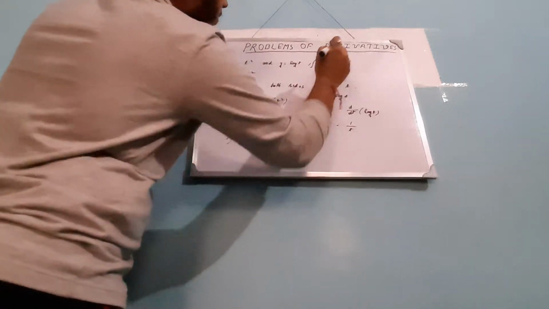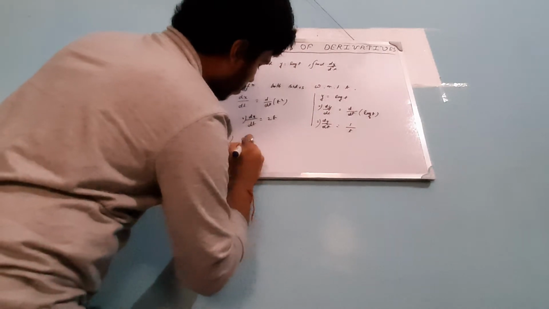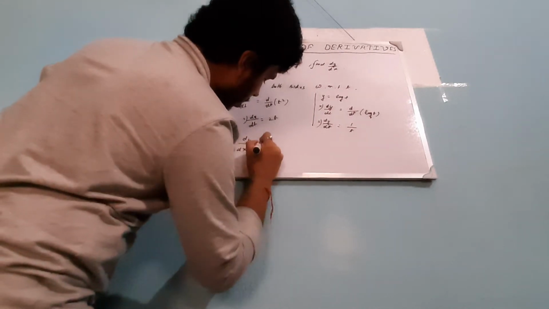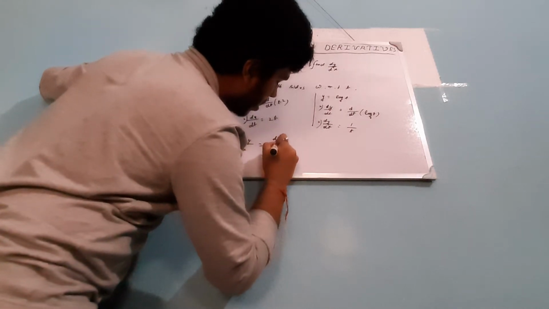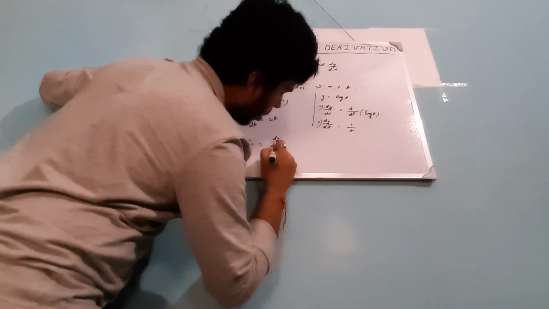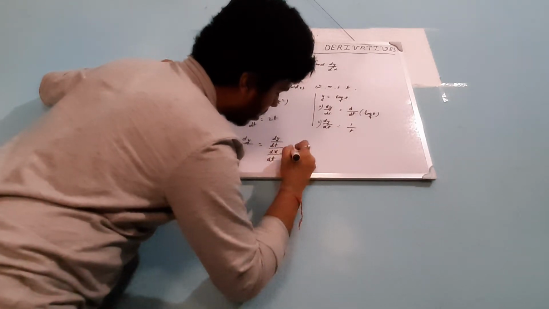So now find dy by dx, which means dy by dt divided by dx by dt.